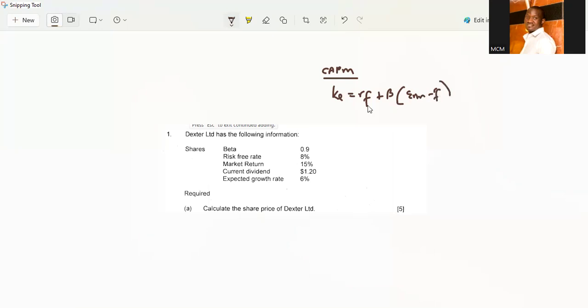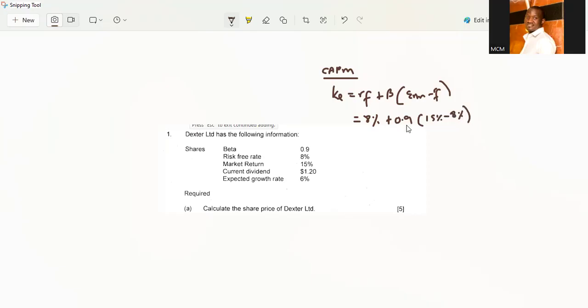So what is our risk-free rate in this case? 8%. What is our beta? 0.9. What is our expected market return? 15%. And what is our risk-free rate? 8%.